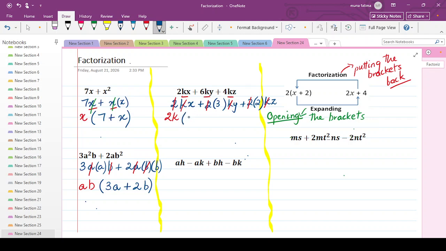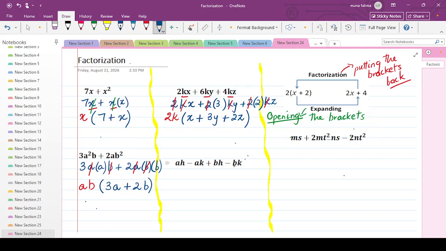Only x is left from the first term, 3y is left from the second term, and 2z is left from the last term. We are checking our bracket. There is nothing we can take common further, and we're done factorizing this expression as well.